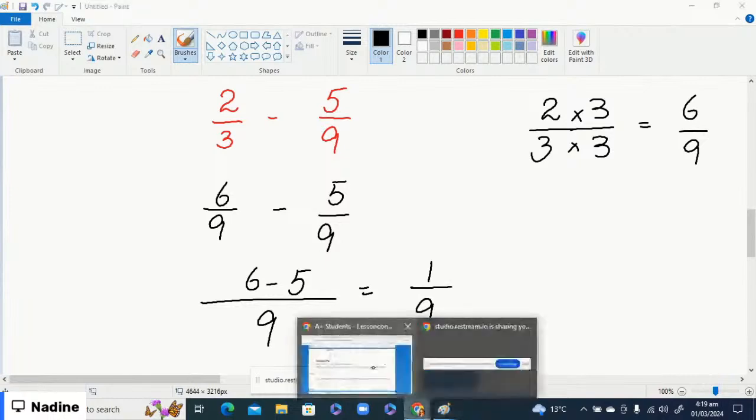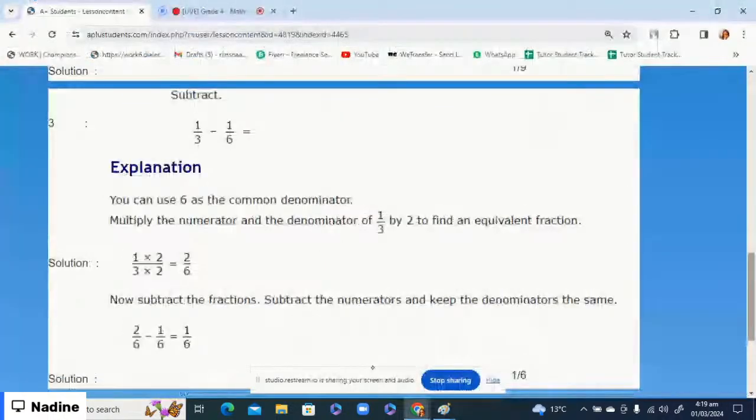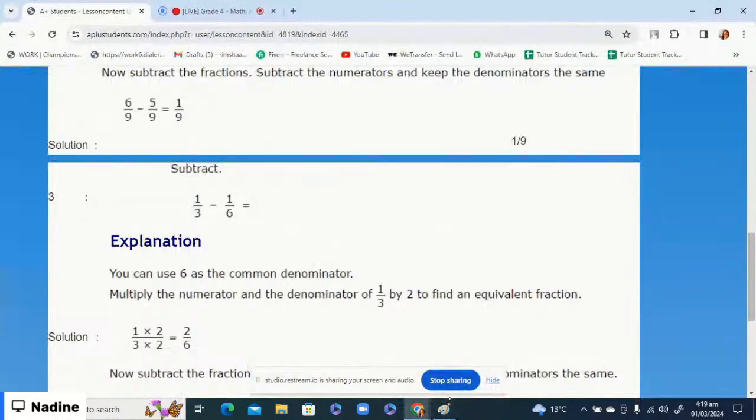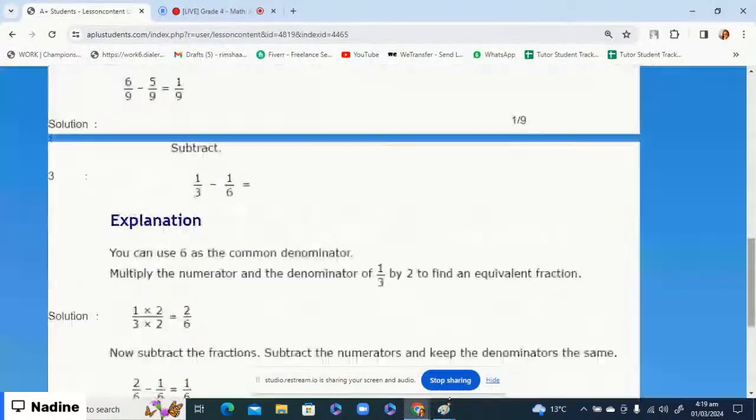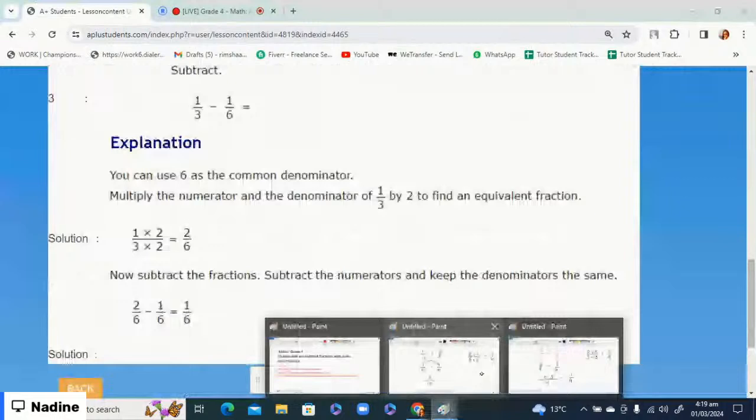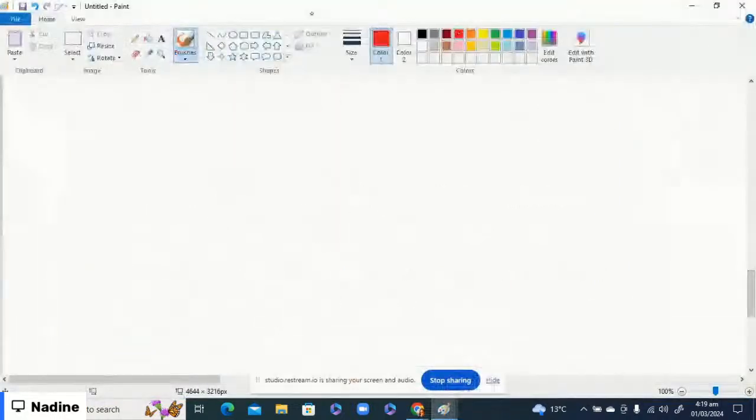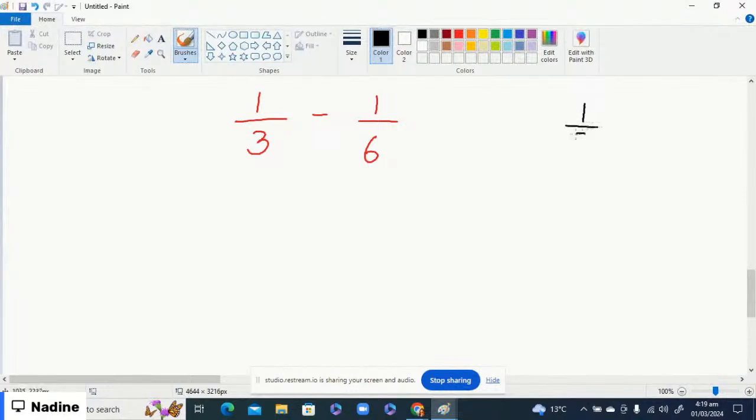Now let's do this one. 1 by 3 minus 1 by 6. So 1 by 3 minus 1 over 6. Which one do we choose, 3 or 6? Yes, we choose 1 over 3. Multiply and divide with which number to make it 6?